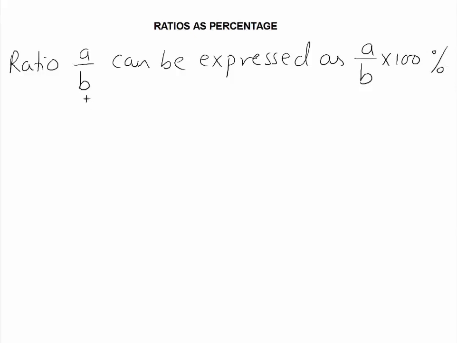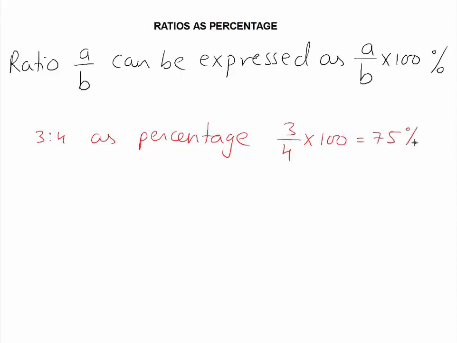So ratios can be expressed as percentage by multiplying them by 100 and vice versa. So for example, 3:4 as percentage will be 3 by 4 multiplied by 100 equals 75%. So let's do a few questions.